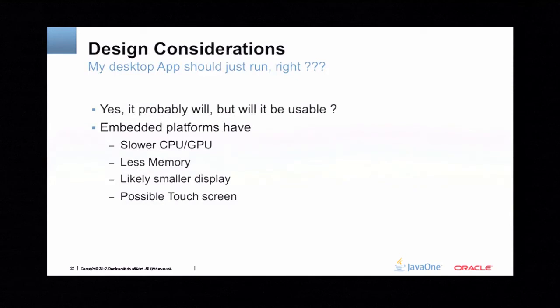Okay, design considerations. My desktop app should just run, right? I get asked that a lot, constantly. And my response is, yeah, probably, as long as it avoids AWT, Swing, Media, and WebNode, at least at the moment. But will that application be usable?